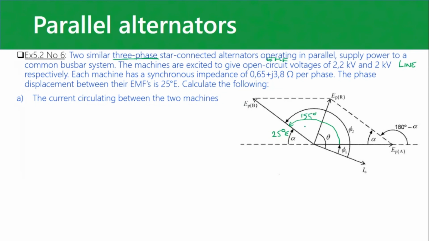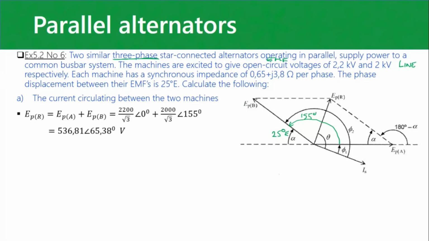So for the current circulating between the machines, you best work these out separately before. Don't be lazy like me, yeah? So work those phase voltages out separately. Then you can see this one's at 0 degrees. This one's at 155 degrees.